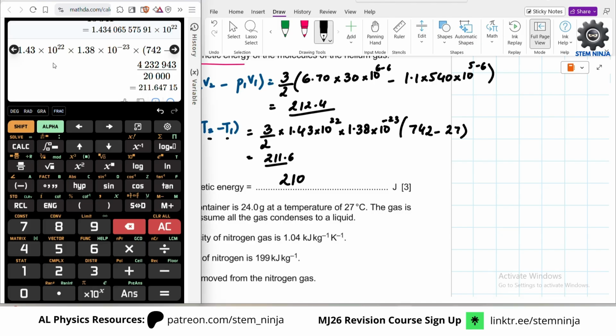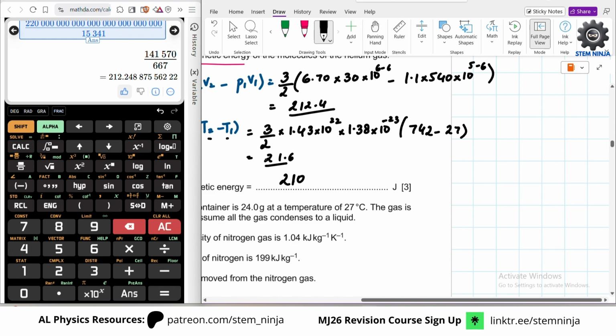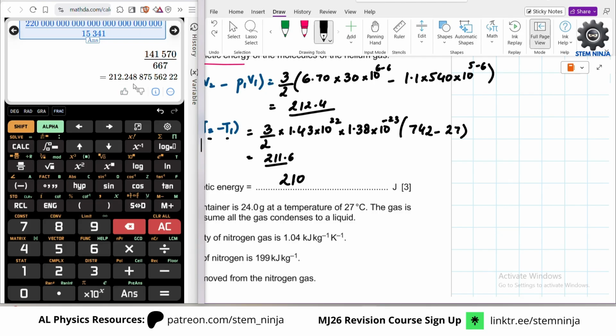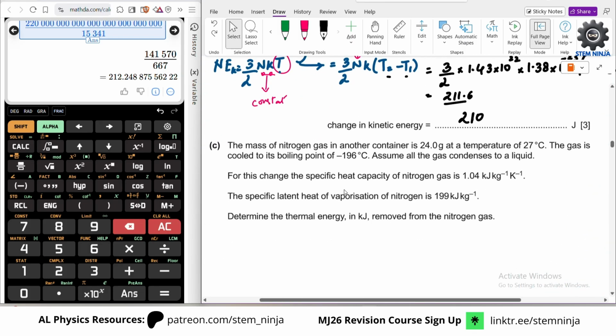If we use the more decimal places for N, we can replace it with the answer. Even this was fine, not a big deal, but if we use N properly you will get 202.24, so almost the same thing to two significant figures.